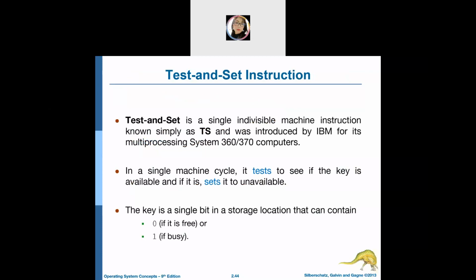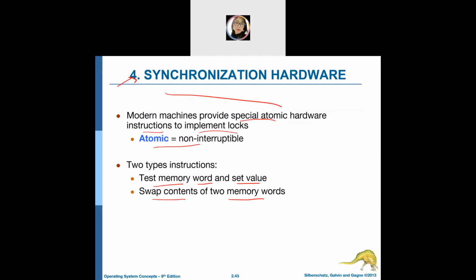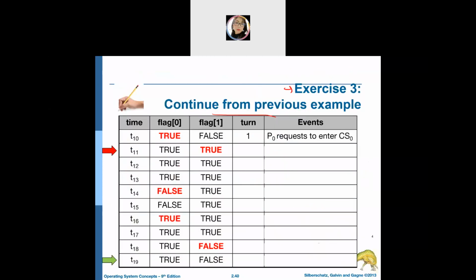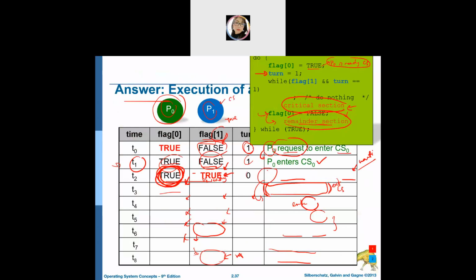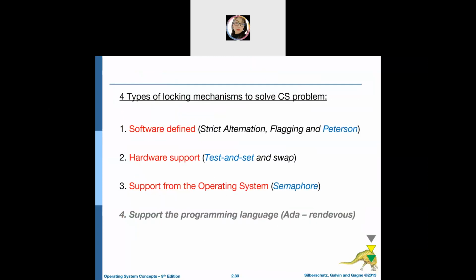Let's see here under test and set instruction. If you still remember, last time, wait, I go back first. Okay, you have test and set, and swap, but we're going to look into test and set for hardware support.